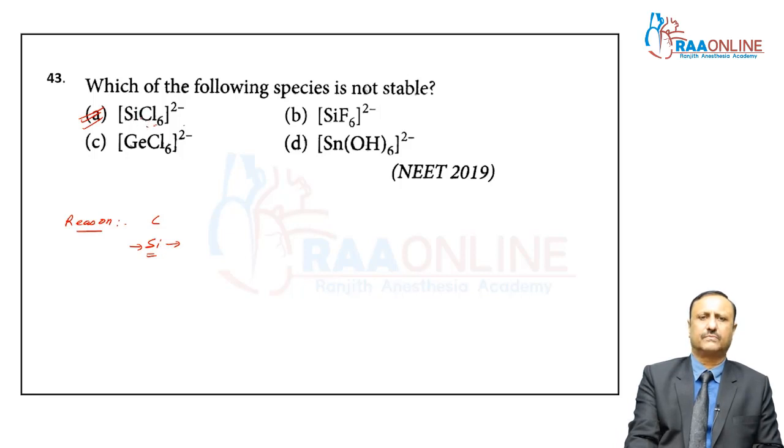So, silicon does not form this 6 coordinate bond with chlorine, because the size of chlorine is greater than the size of fluorine. So, my dear students, fluoride ions always get the highest oxidation state, or fluoride ion always gets the highest coordination number.